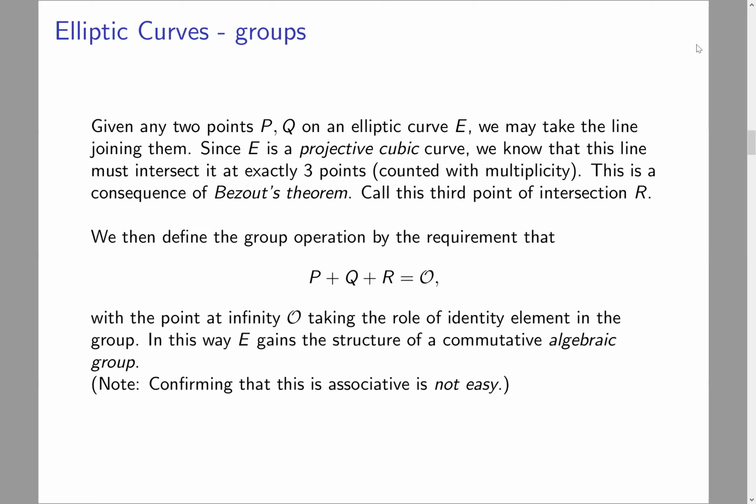Now, clearly, if I chose Q and P versus P and Q, I would get the same line. So it's evidently commutative. Turns out the hard thing to check here, if you want to go ahead and prove this as a group, is checking associativity. It's not obvious from the description at all, and it's a little involved to actually check that. But I'll just assert that, and maybe you'll believe me.